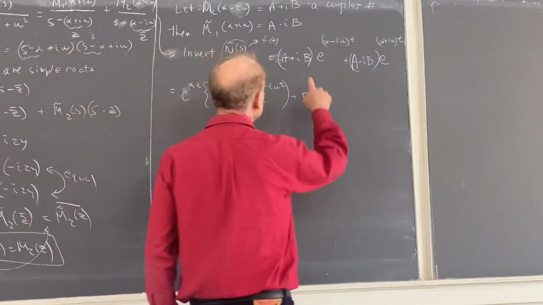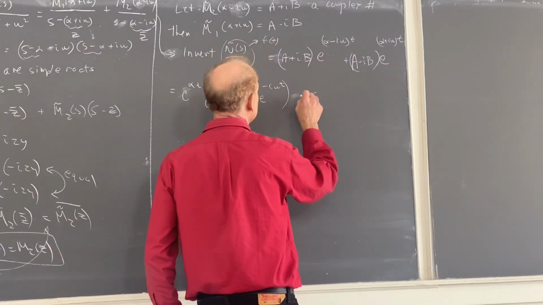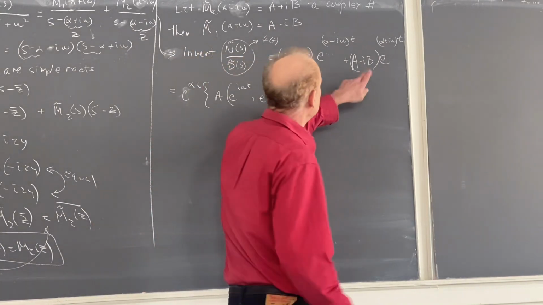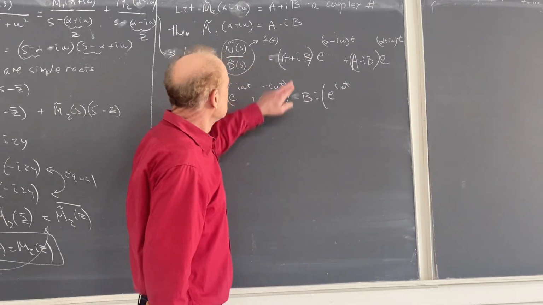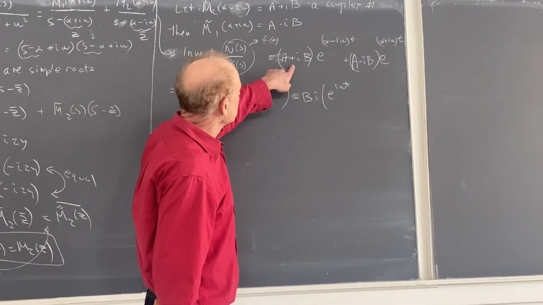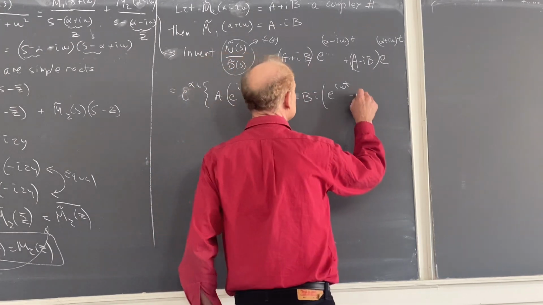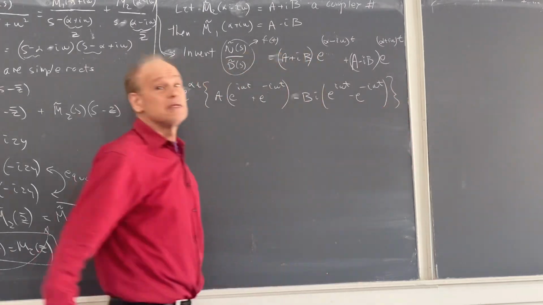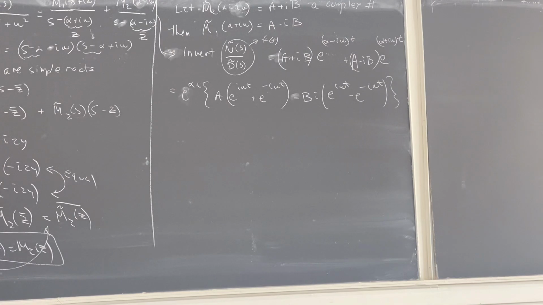I have b times i. Actually, let's put a minus b. Minus b times i, minus ib times e to the i omega t. And minus b times i is going to give me another minus sign here. Minus e to the minus i omega t. Is that clear? What I did was I factored that out, multiplied it out.